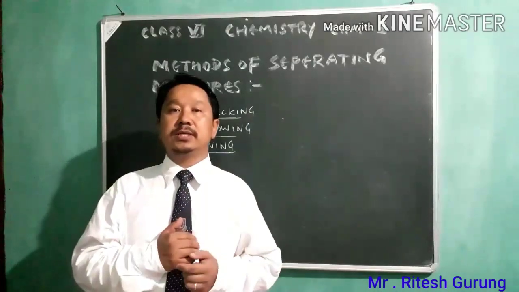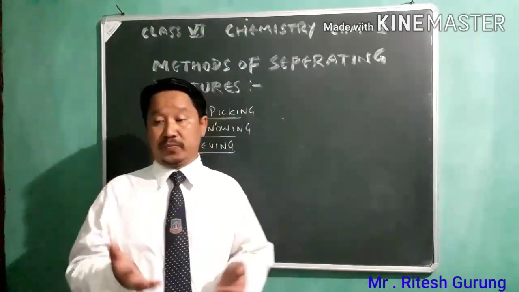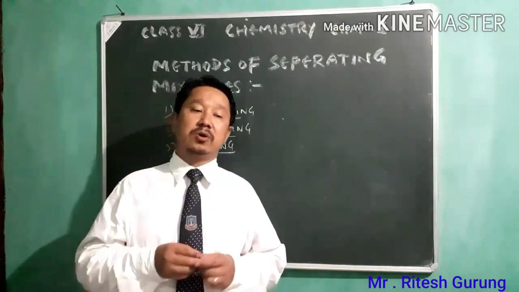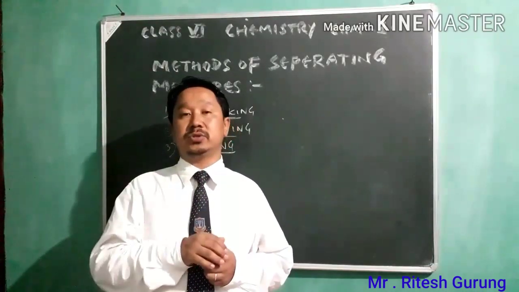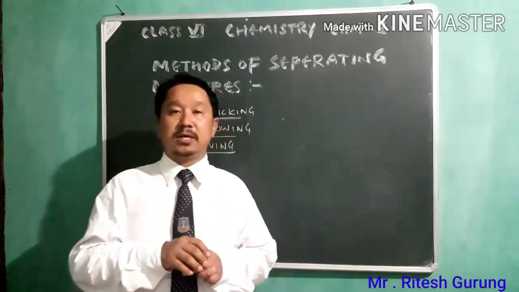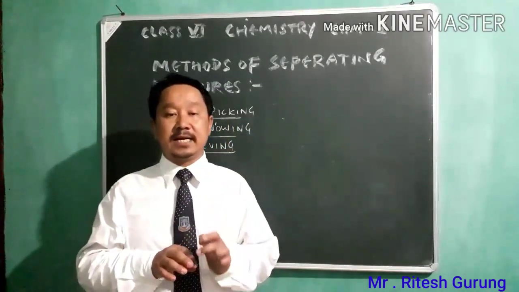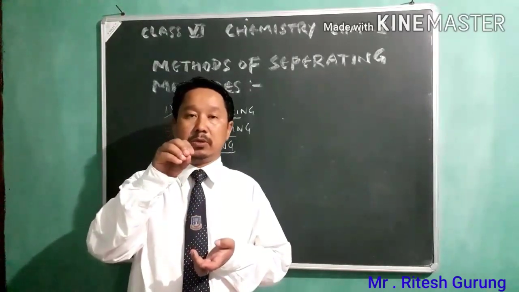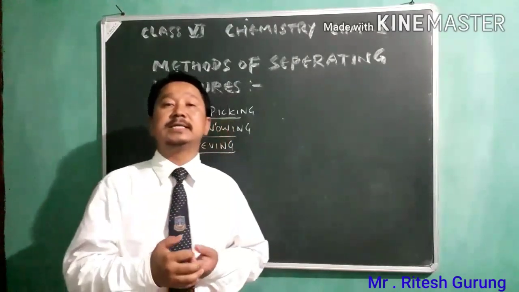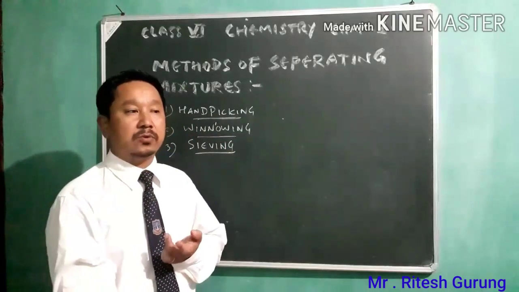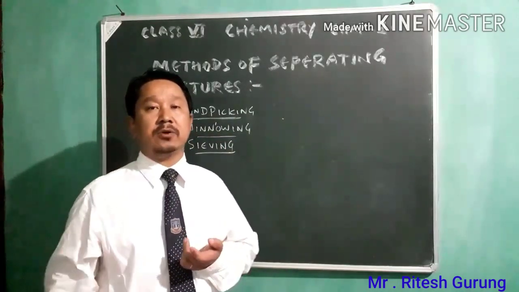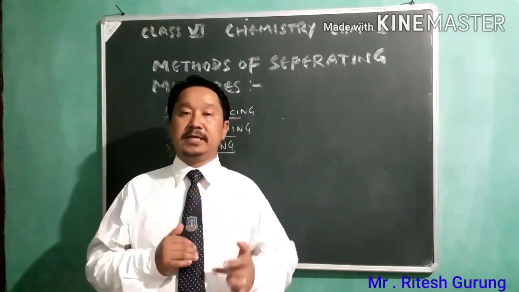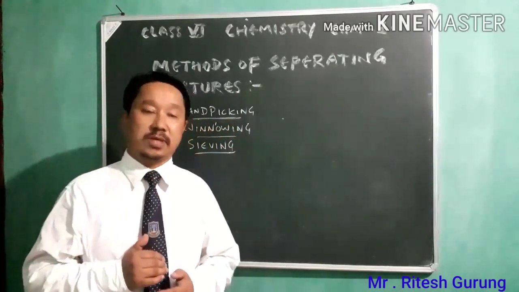And also sieving of sand. We find sand particles of different sizes, so accordingly the sieve is used. When such different sized particles of the sand are allowed to pass through the sieve, only the fine ones are collected down and other unwanted will remain there in the sieve itself, which is called sieving.